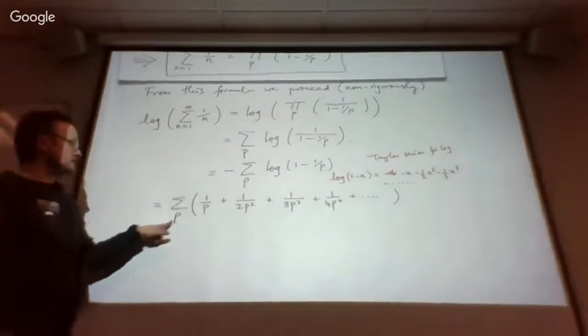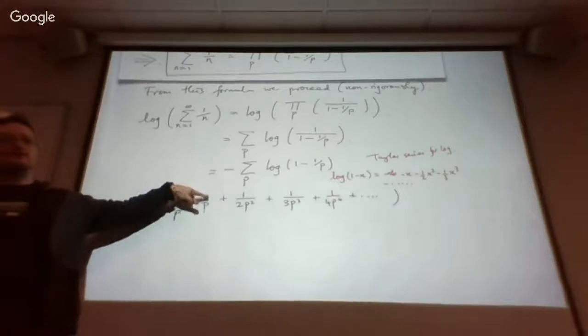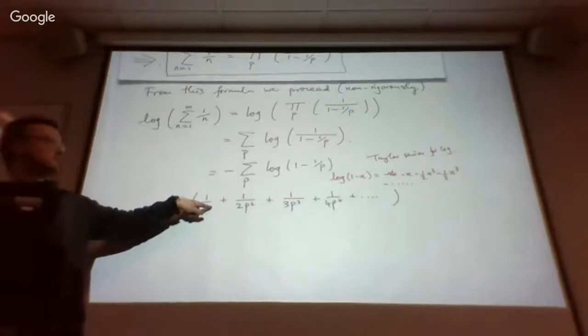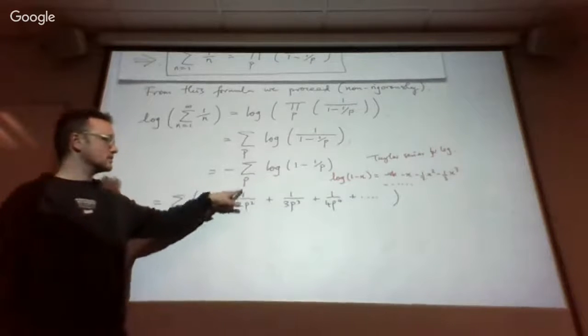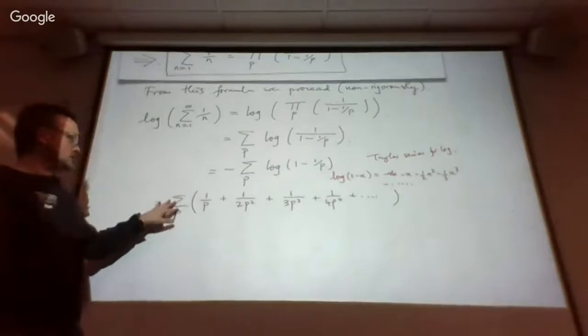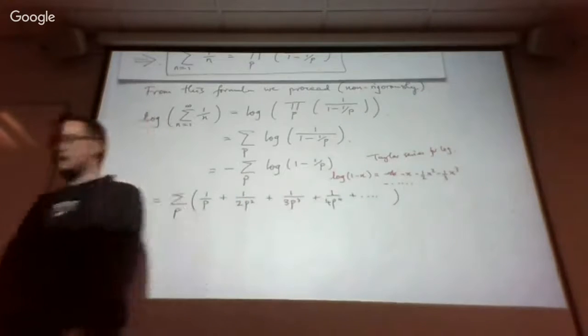And look, here we have the sum that we want. This is the sum of the reciprocals of all the primes. We've also got in here the sum of all the reciprocals of the squares of primes, and the sum of all the reciprocals of the cubes of primes, scaled by a half, a third, and so on.